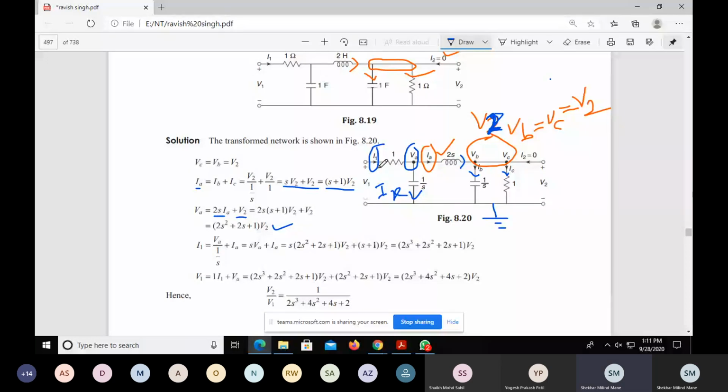So I1 is equal to Ix plus Ia, and Ia we have just converted into V2, so Ia is (S plus 1) V2, and Ix is Va upon 1 by S. After substituting all the values, you will get I1 in terms of V2.